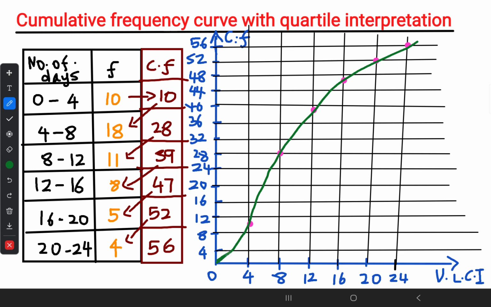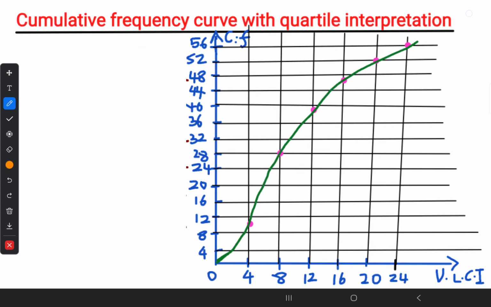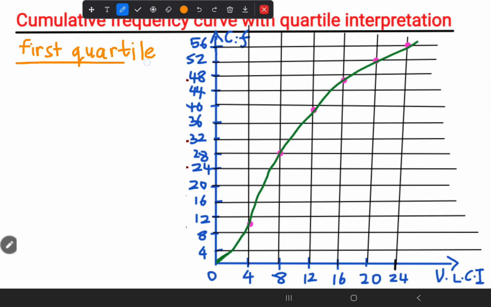This would be the smooth curve. Okay, after this, we have to find the Q1, Q2, Q3 values. First quartile, it would be Q1. The notation Q1.